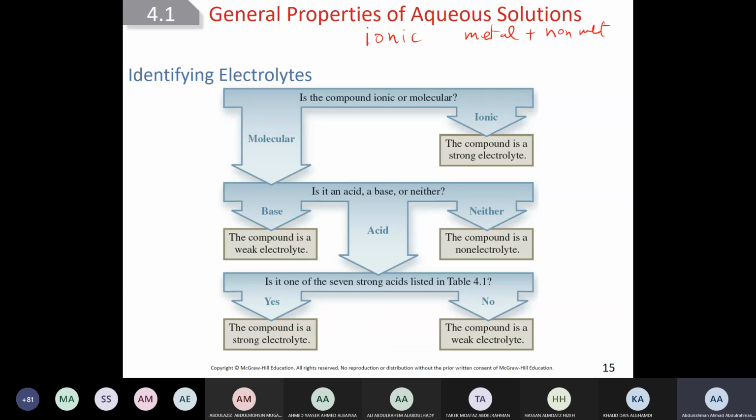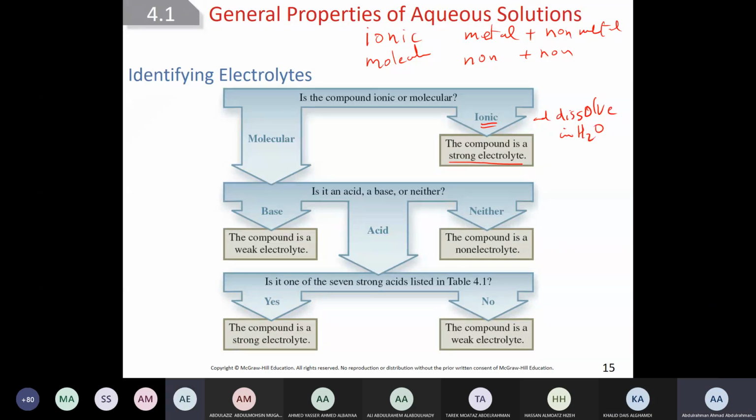Very good. What is molecular? Non-metal with non-metal. Good. Then ask yourself, is it ionic or molecular? If it's ionic and dissolves in water, then it will be what?